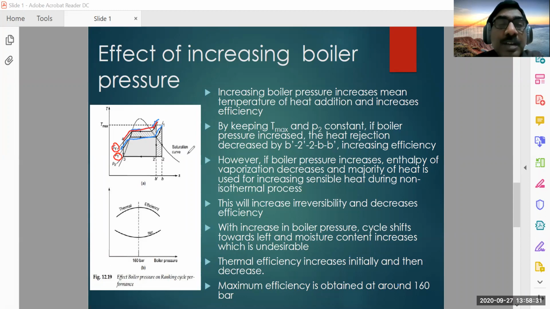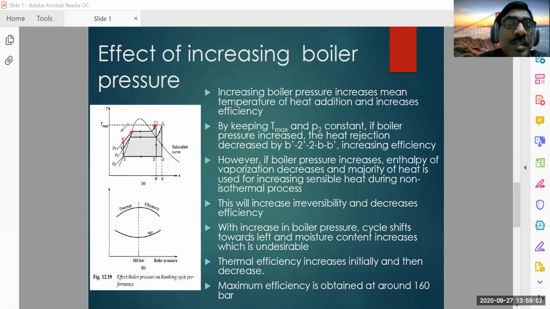Then what will be the effect? Can we increase the boiler pressure as much as we want, or are there other aspects to that? That we are going to see here. Increase in boiler pressure increases the mean temperature of heat addition, and therefore increases the efficiency. As I told you, the mean temperature of heat addition is the average of this temperature, this temperature and this temperature.